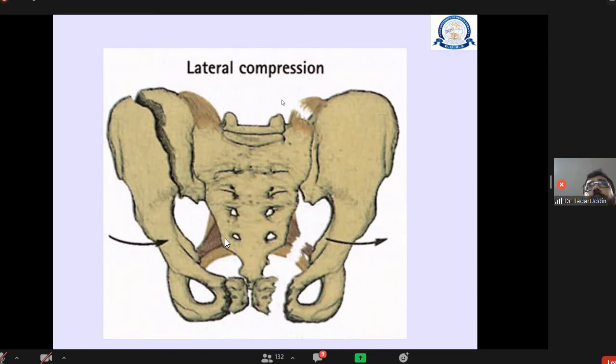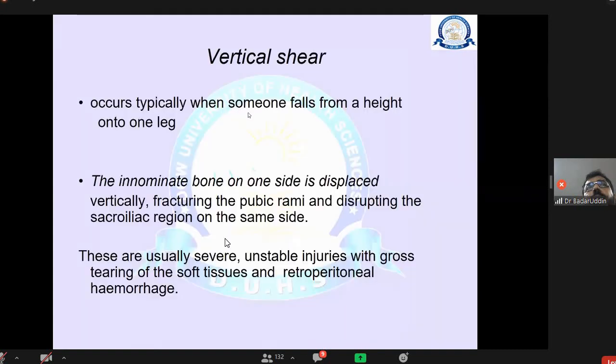And the third one is the vertical shear injury. It's typically when someone falls from height onto one leg. The innominate bone, meaning the iliac bone of one side, is displaced vertically, fracturing the pubic rami and disrupting the sacroiliac joint of the same side. These are usually severe, unstable injuries.